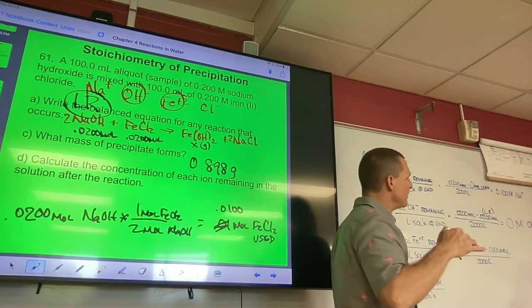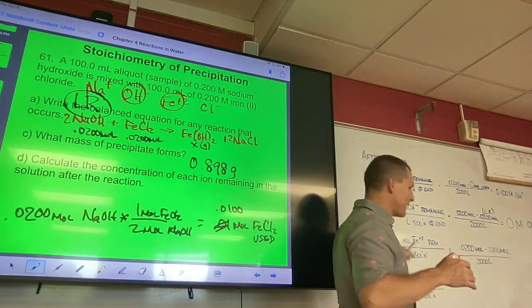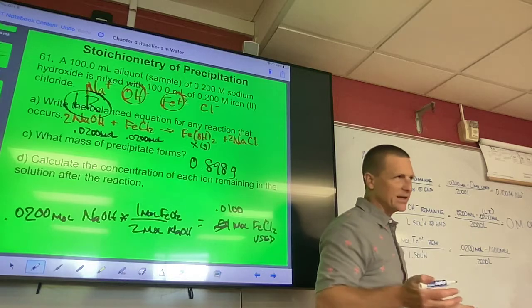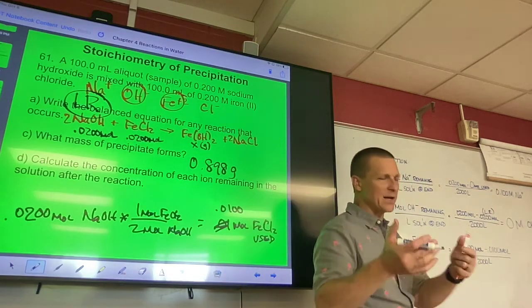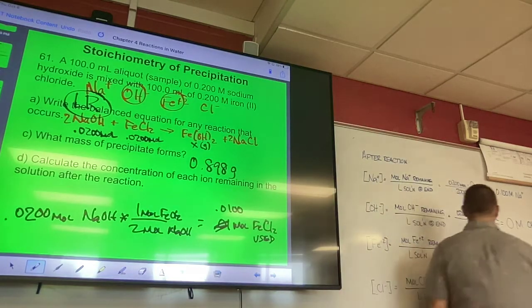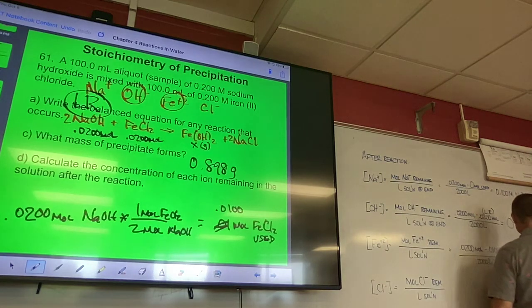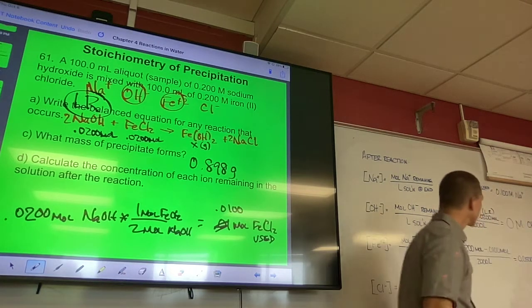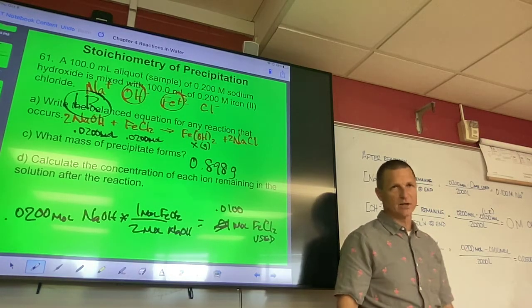One thing I like about this problem is that all 4 of the ions are going to wind up with different concentrations at the end. So we can see how that's not always the case. Sometimes you'll have multiple ions that have the same concentration. They're all different in this one. So 0.01 is my numerator, divided by 0.2 gives me 0.05 molarity of iron. So yeah, some of the iron got used up, so it makes sense that I'll have a low concentration of iron compared to the others.